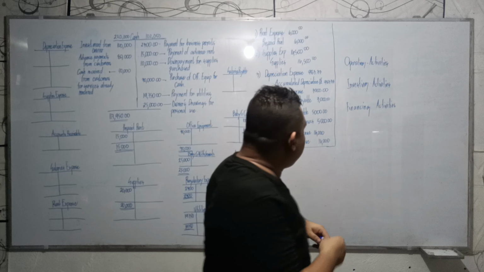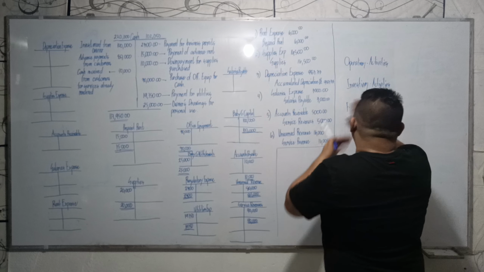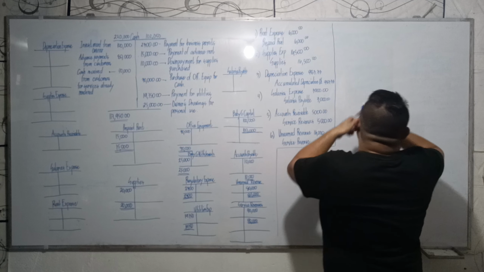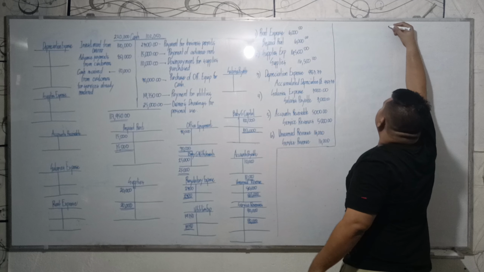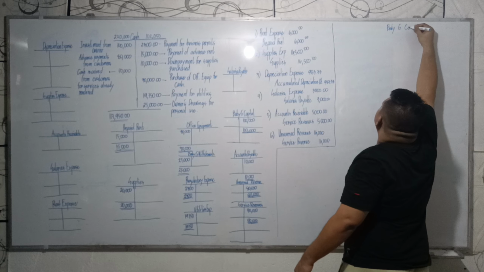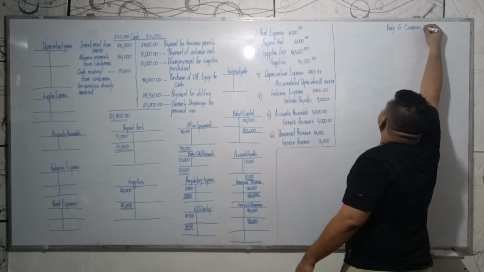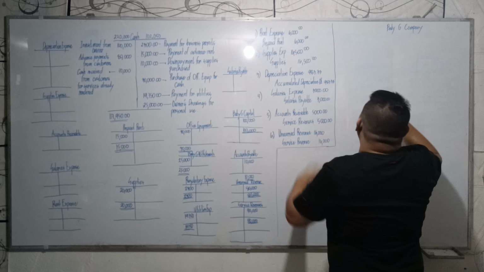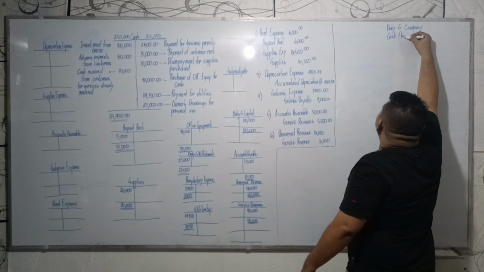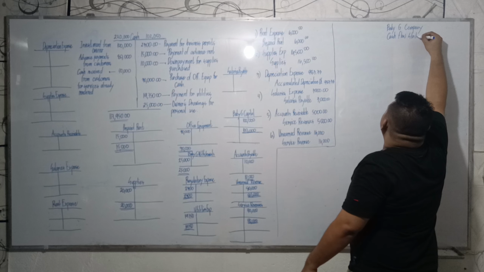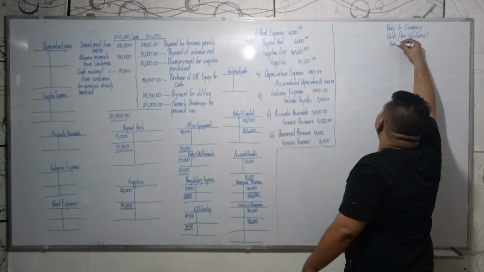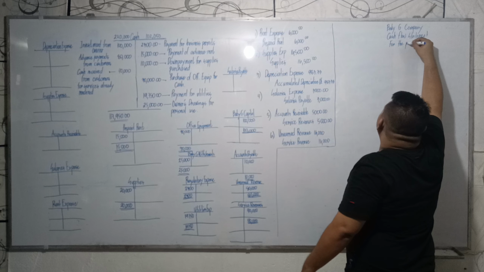So this is your cash flow statement, guys. So we have Baby G Company because you will still have a heading. And then cash flow statement for the period ended.